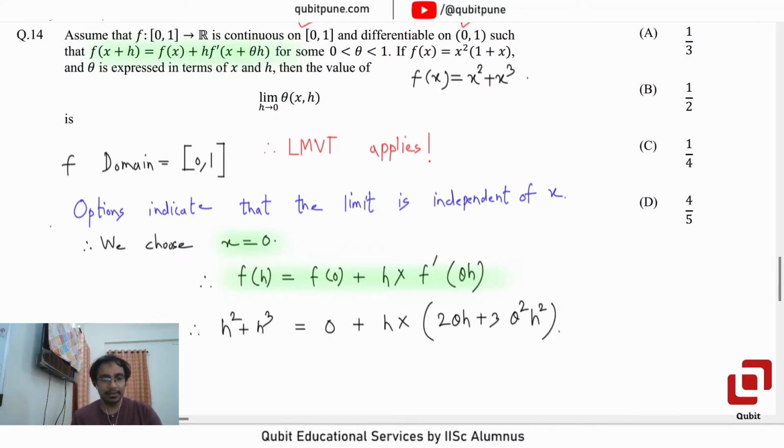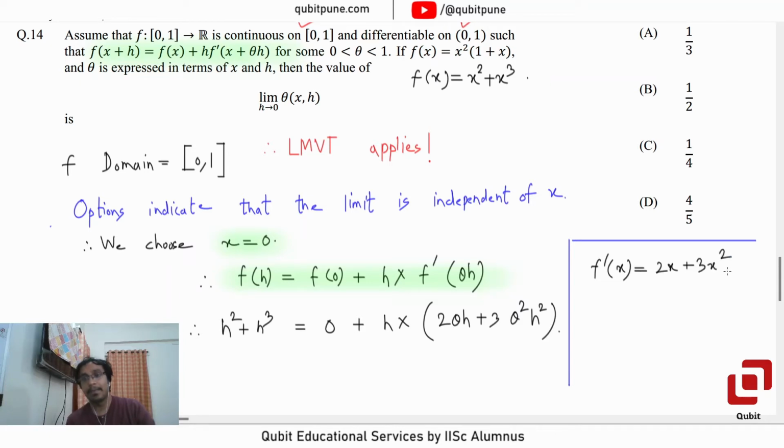Now I'd like to diverge here a bit and comment on why we can substitute this θh directly as x here. The derivative is 2x plus 3x squared, that's right. But we are evaluating it at a particular value of x, and that value is 0 plus θh.